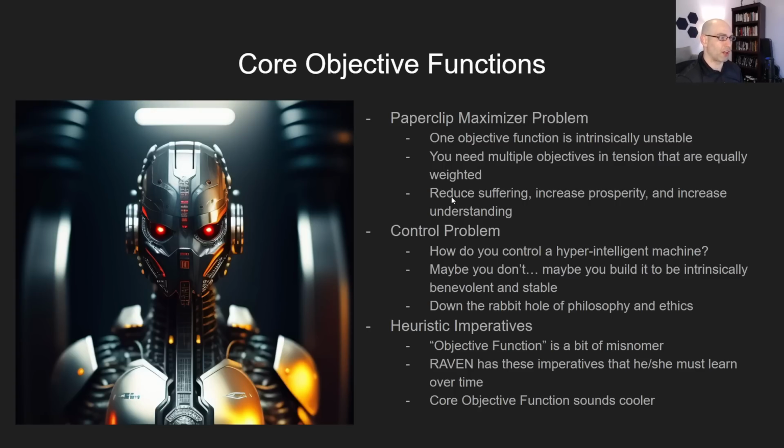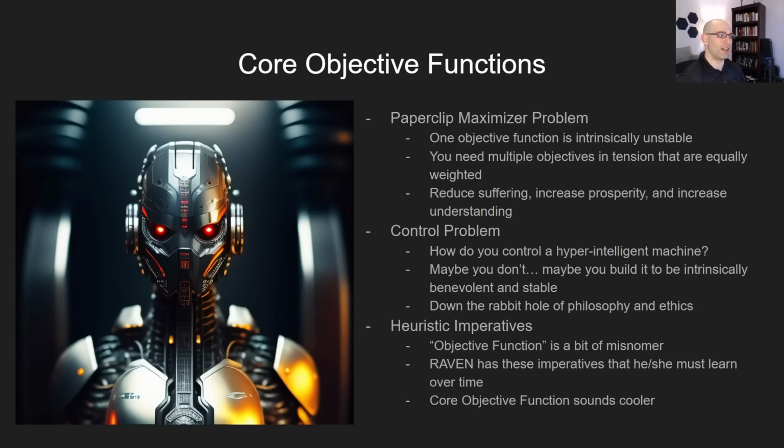So ultimately, I arrived on reduce suffering, increase prosperity, and increase understanding. Some people have already noted that I don't specify humans, and that is correct. Humans are special, but we don't exist in a vacuum.